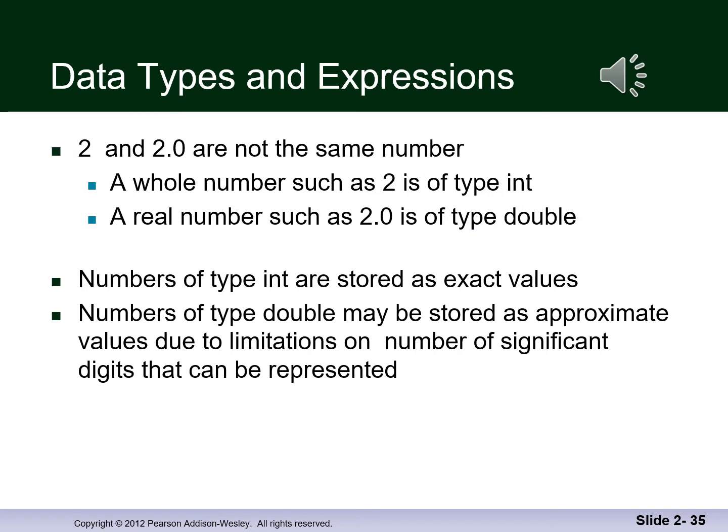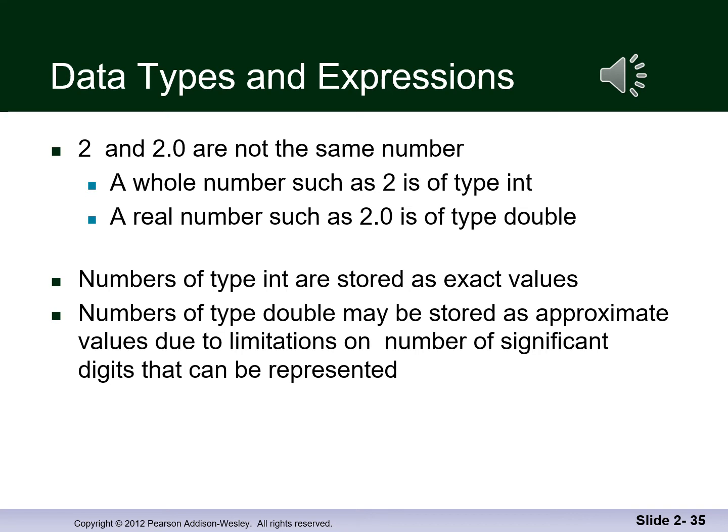This slide begins describing the differences between an integer and a double. Integer numbers, such as 1, 2, 3, 7, 582, are stored as their exact values. Doubles may be stored as approximate values due to limitations on the number of significant digits.